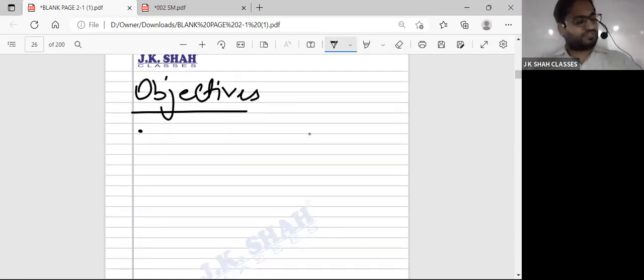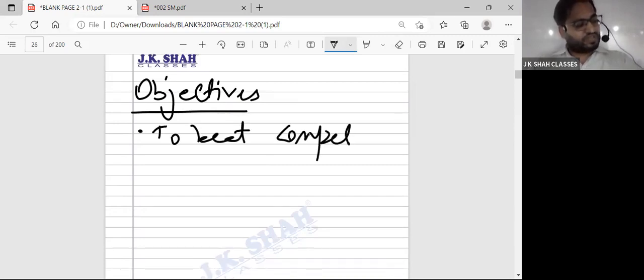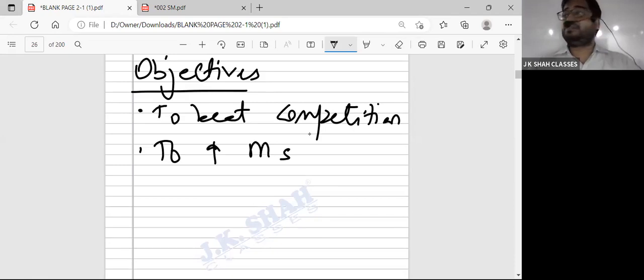What are the objectives? First objective? To beat the competition. Very good. To increase the market share. Don't write this in exams. Here we are writing it for our reference. Increase.